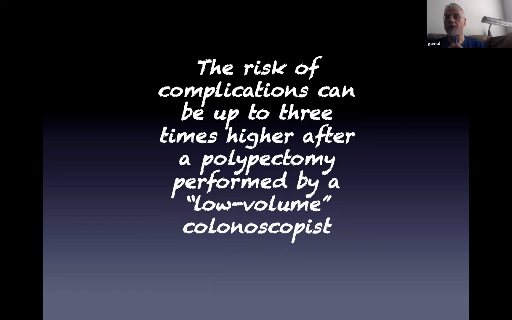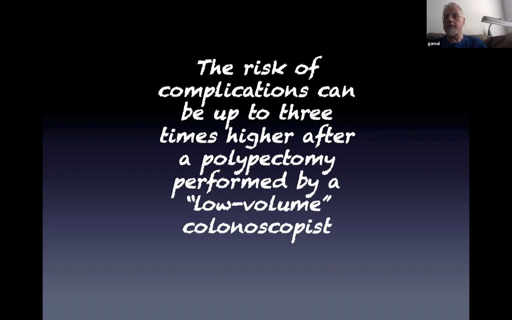And if you're in that category, polypectomy, which is a risky procedure, is considered to be a safe procedure in your hand. However, if you've only done 200 colonoscopies, I'm not sure you can be considered a safe colonoscopist to perform polypectomies, especially big ones and high risk ones, as we'll see.